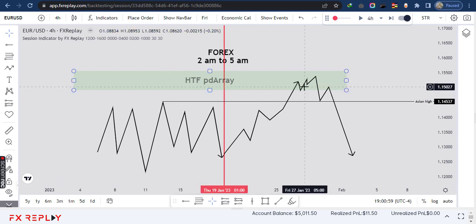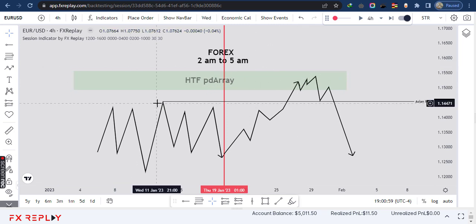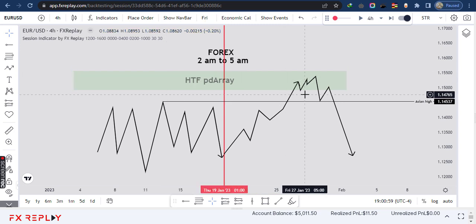In this case you want to sell, you want to see above the buy side liquidity a higher time frame PD array. When price arrives at that higher time frame PD array, I want you to go to the lower time frames and look for a market structure shift.